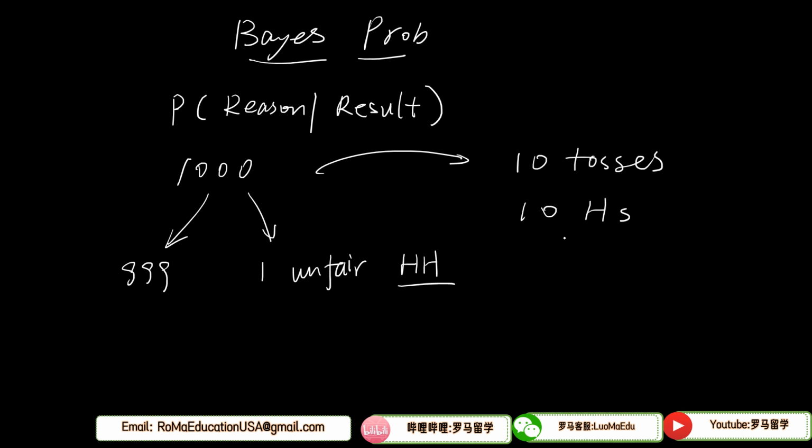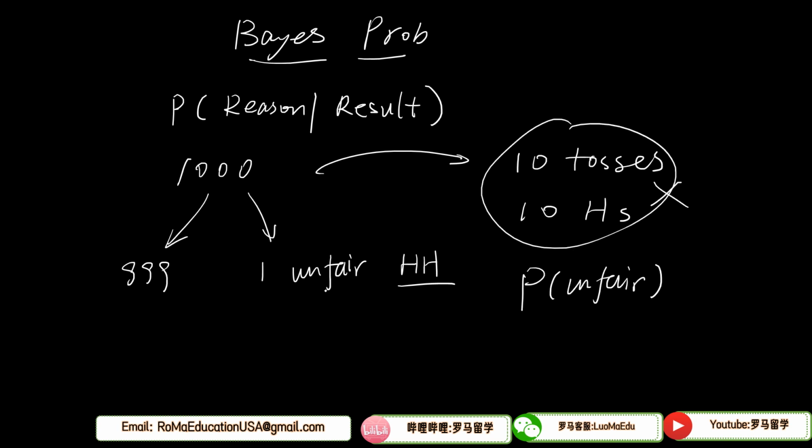And in these 10 tosses, we got 10 heads. This is so weird because usually you have 5 heads, 5 tails, but if you got 10 heads, that's so weird, right? So in this case, you will see that the probability that this randomly picked coin is unfair will be very large.